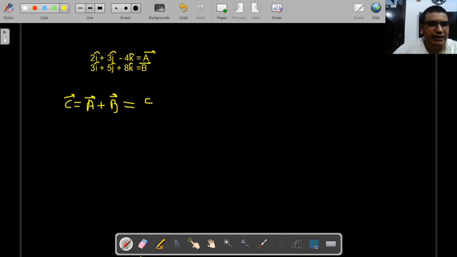So the resultant will be 5i cap plus 3 plus 5, that is 8j cap. And now, minus 4k plus 8k, so it is plus 4k. So this is the basic simple method to add two vectors.